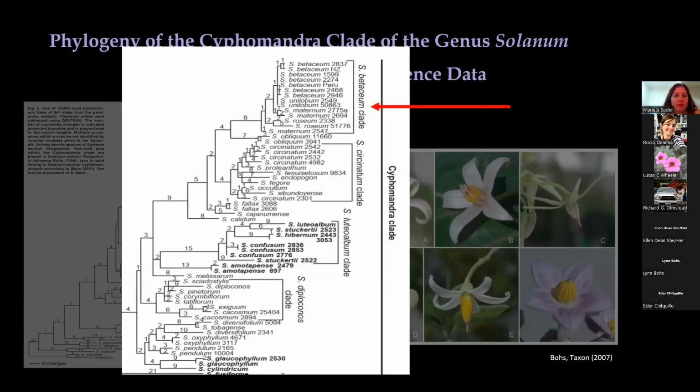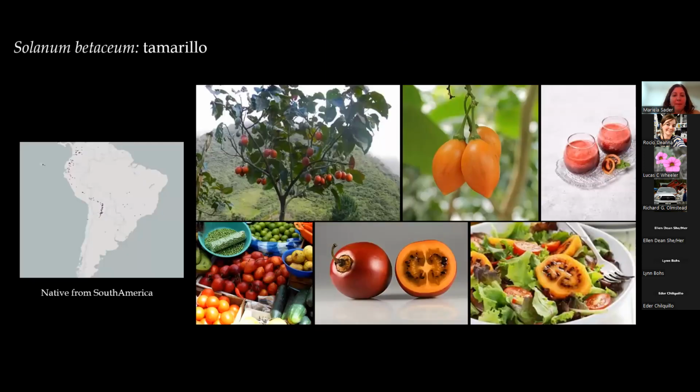So here we decided to start studying the first clade, which is Solanum betaceum. Solanum betaceum is native to South America, and it's known as tamarillo or tree tomato. This species is grown in several countries for commercial use, for shoes, sweets, or natural consumption.